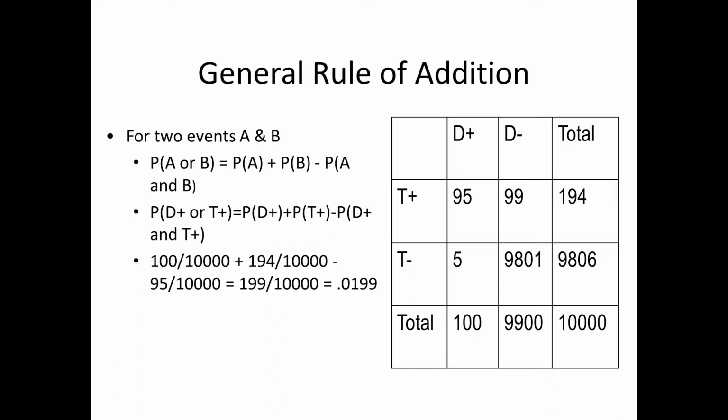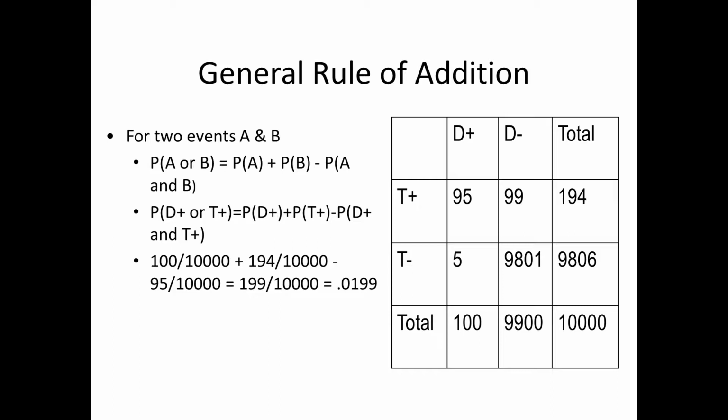Now, from that, we have to subtract the probability that a person is both disease positive and that they tested positive. In our table here, to get that particular number, you would go to the intersection of the D plus column and the T plus row. Notice the number 95 there.